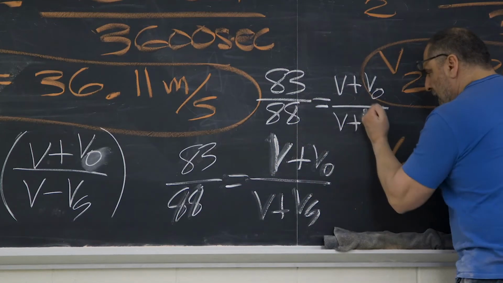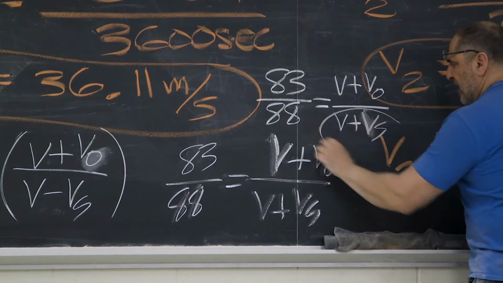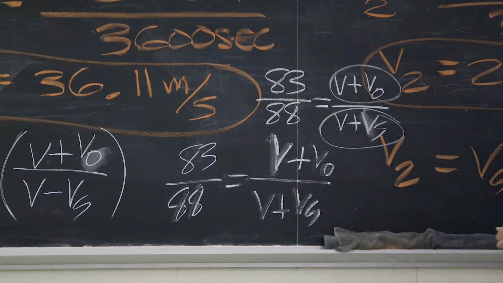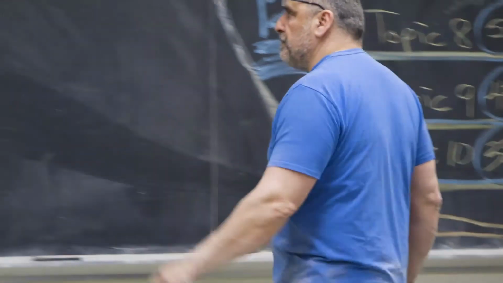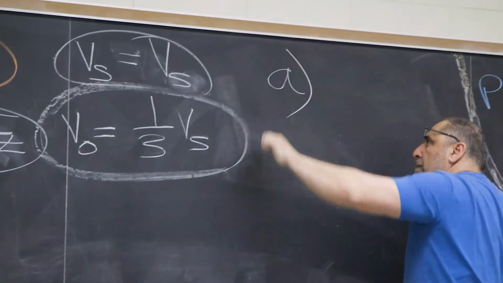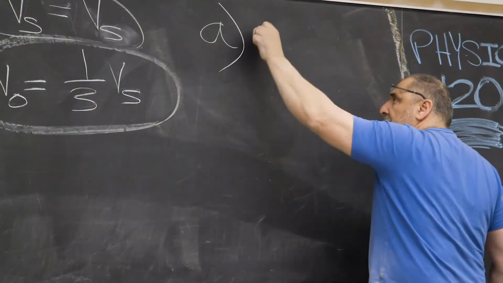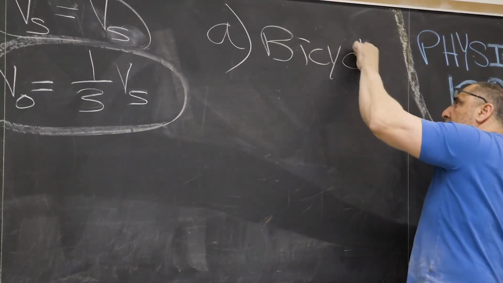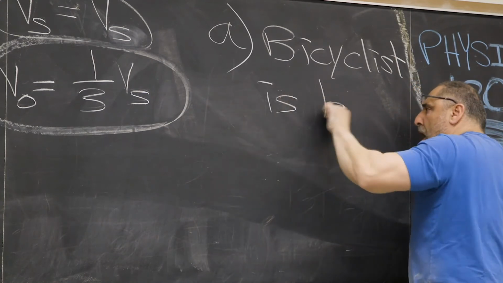So the denominator is bigger than the numerator. That's the only way it works. So what does that mean? The bicyclist is behind the car.